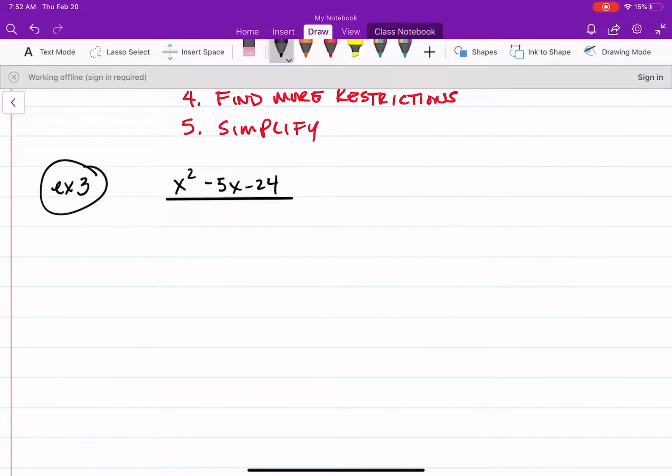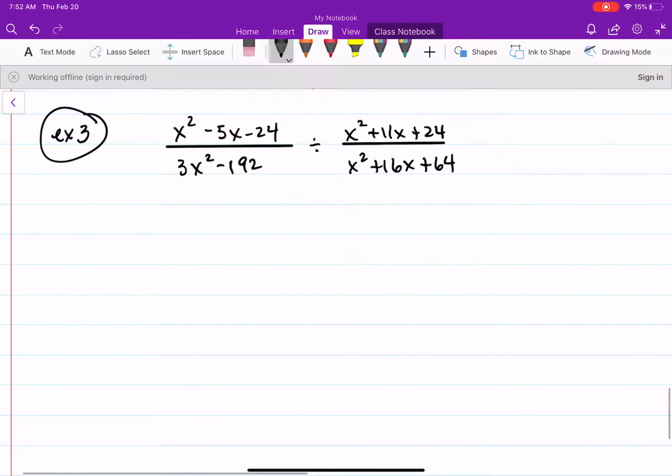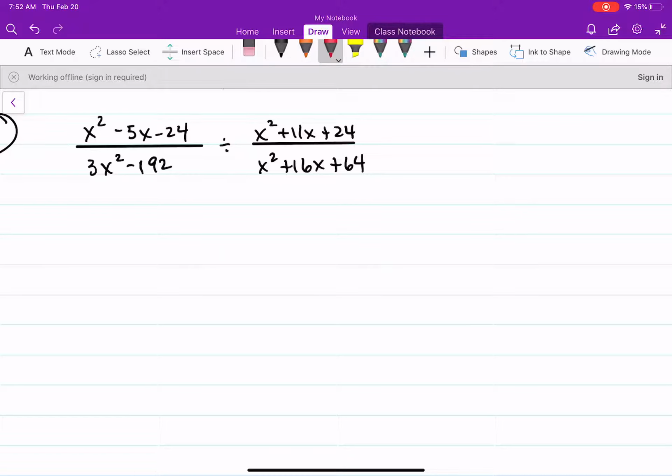The bottom is going to be 3x squared minus 192 divided by x squared plus 11x plus 24 over x squared plus 16x plus 64. So the first step, step one, is going to be factor top and bottom.